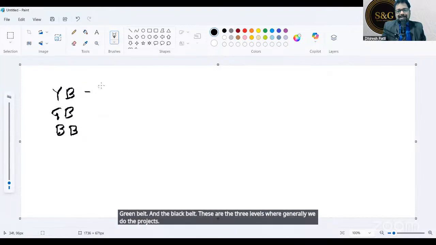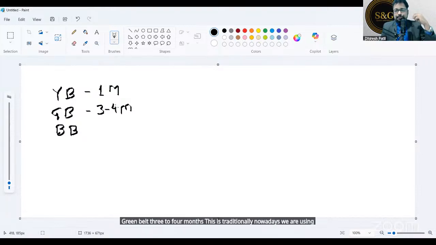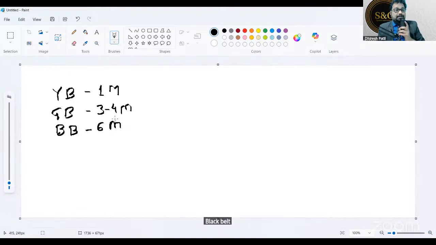Yellow belt projects on average take 1 month. Green belt 3 to 4 months. This is traditionally. Nowadays, we are using certain AI tools and some other strategies to reduce this. Black belt projects generally take 6 months because they're very complex and big projects.